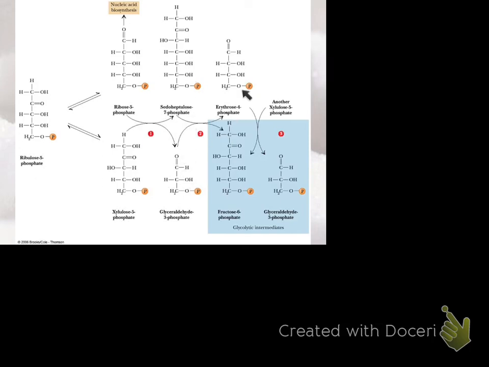And then they can swap to make erythrose, which has 4, and fructose 6-phosphate, which has 6. And another 5-carbon containing one is what's used up here to give off a glyceraldehyde 3-phosphate, which, along with fructose 6-phosphate, can then go back into glycolysis or gluconeogenesis as needed. So that's why you get this little crisscrossy shoestring looking thing.